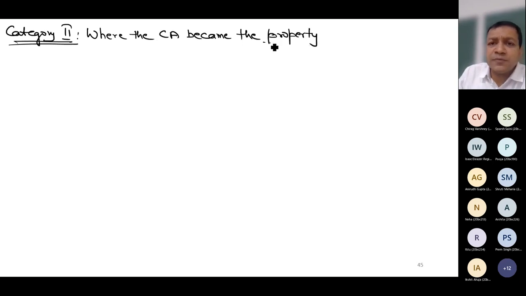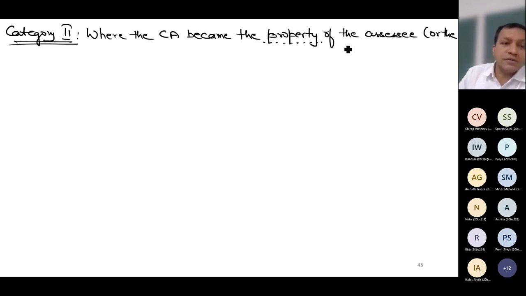Whenever you see this word property, don't treat it as house property. It can be your asset. It is your asset. That's it. Where the capital asset became the property of the assessee, or the previous owner, before 1st April 2001.